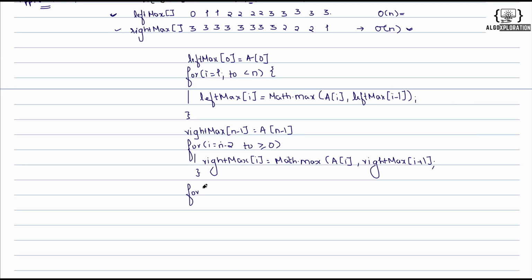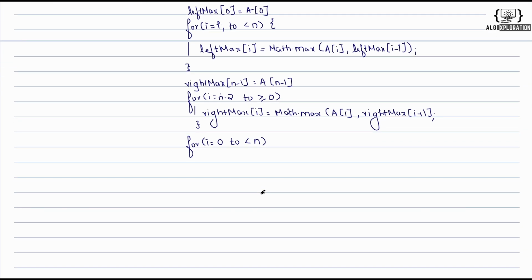Now, for I will be running from 0 and it will go till n. Here we have to find the height of the highest building on its left and the height of the highest building on its right. So int minimum height will be Math.min of left max of I, comma, right max of I, right?